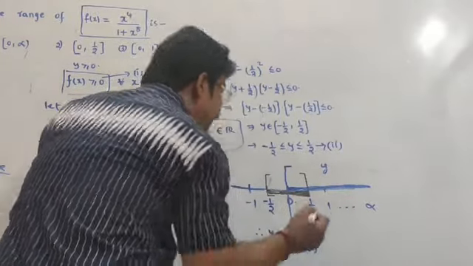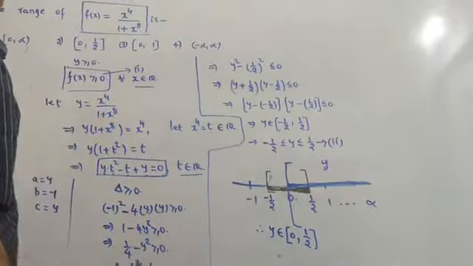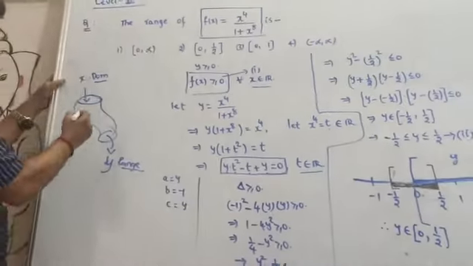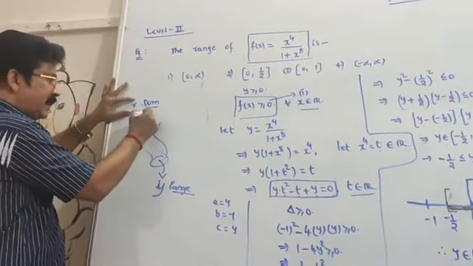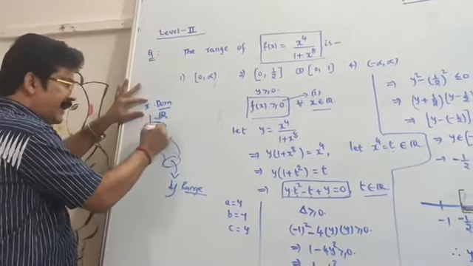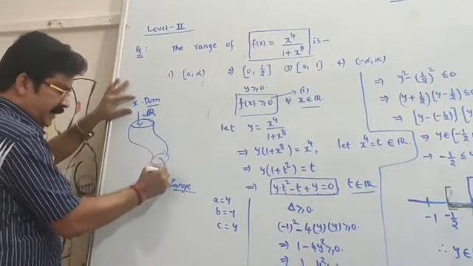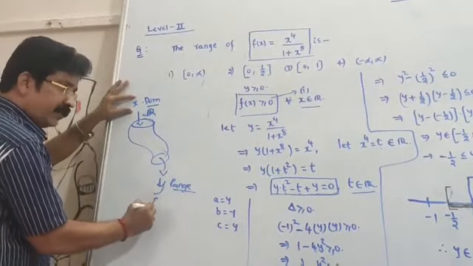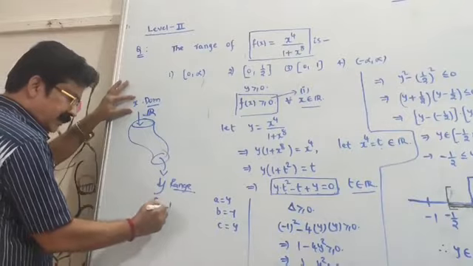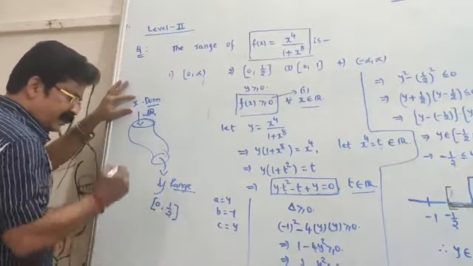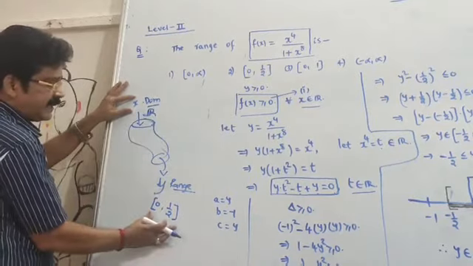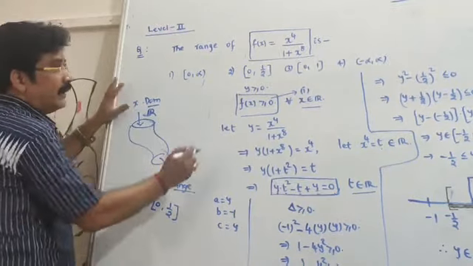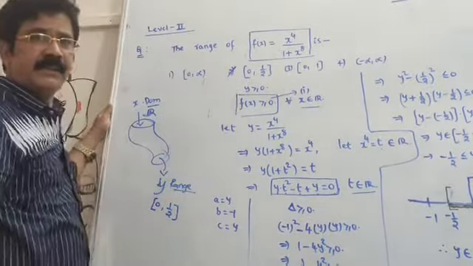So whenever you come here, x is the real number. You can put any real number here, but we are getting only the values between 0 comma 1 by 2, I mean closed interval of 0 comma 1 by 2. Domain real number set, range 0 comma 1 by 2, closed interval. Thus second option is right option.